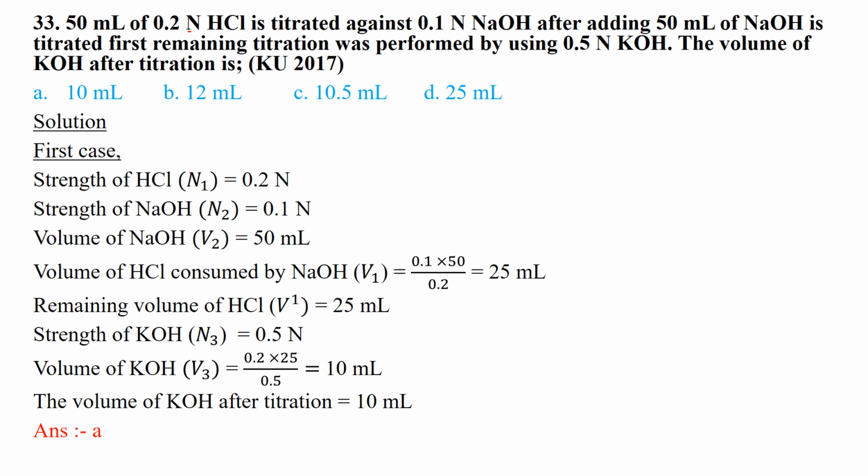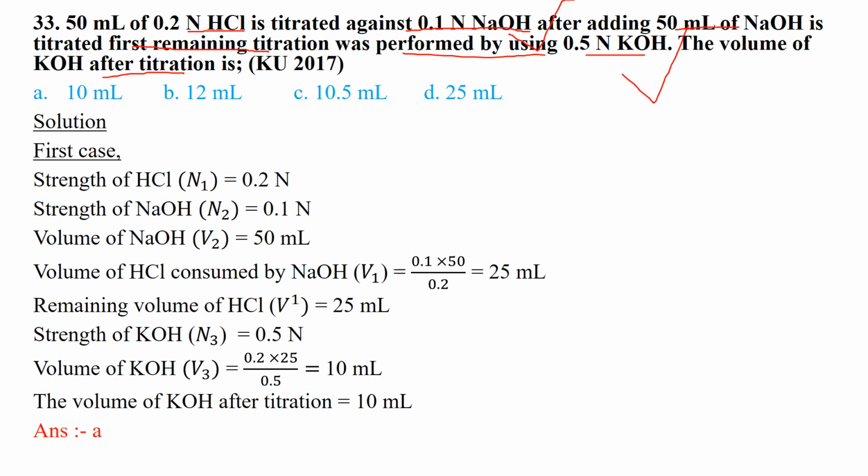50 ml of 0.2 normal HCl is titrated against 0.1 normal NaOH. After adding 50 ml of NaOH, which is titrated first, the remaining titration was performed using 0.5 normal KOH. Then find the volume of the KOH. In this case, hydrochloric acid is titrated with two bases, one is NaOH and another is KOH.